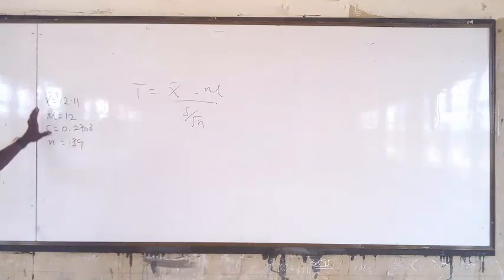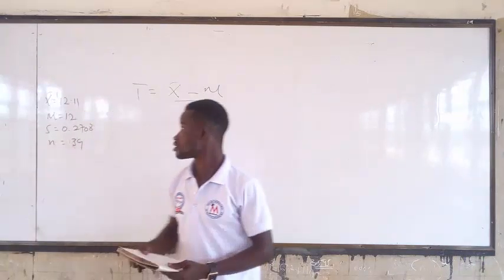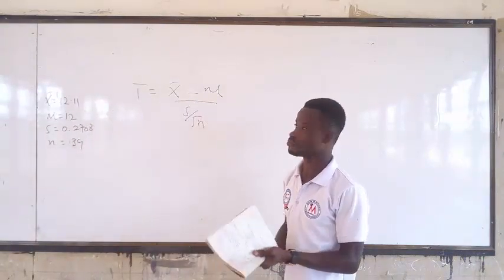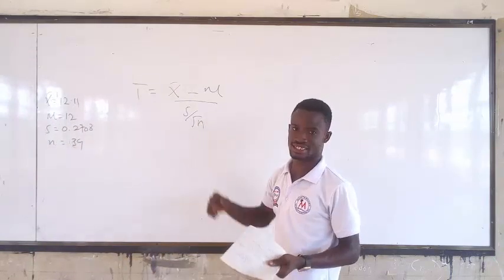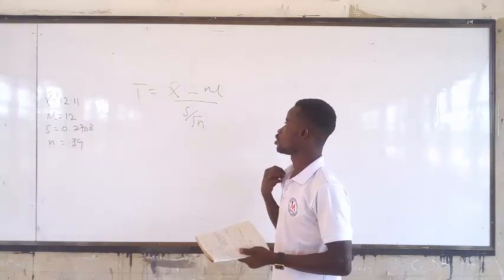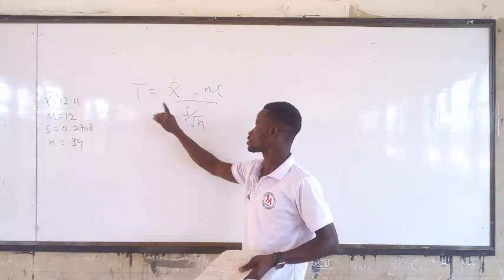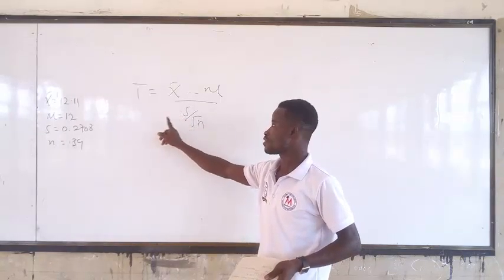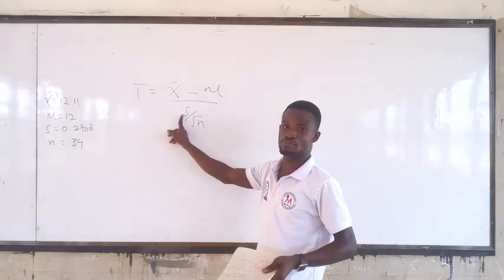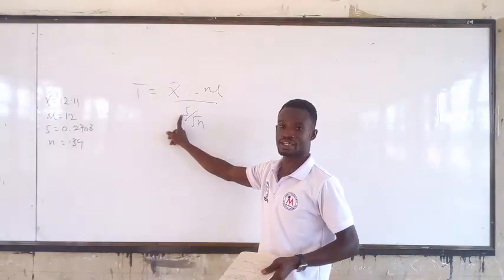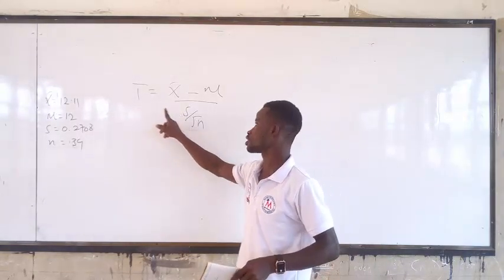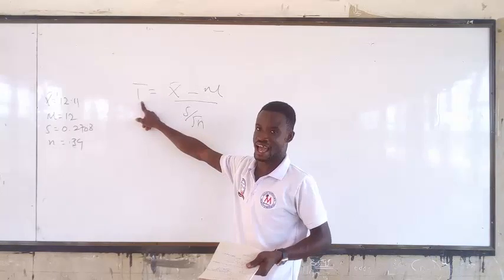So now that you have your values, since we are dealing with the t-test here, or the t-distribution, since we are using the sample standard deviation, we are no more going to use the z again.